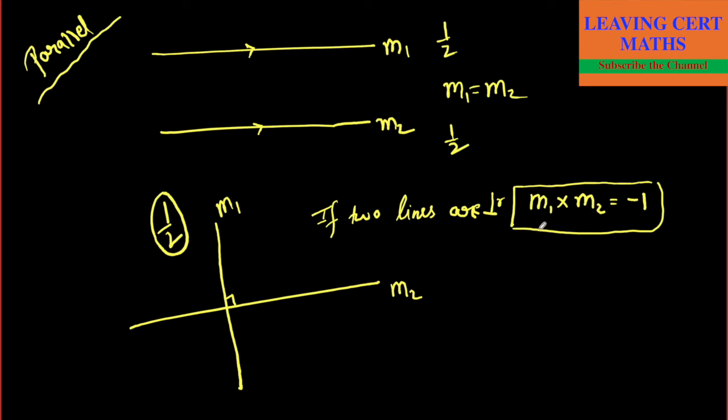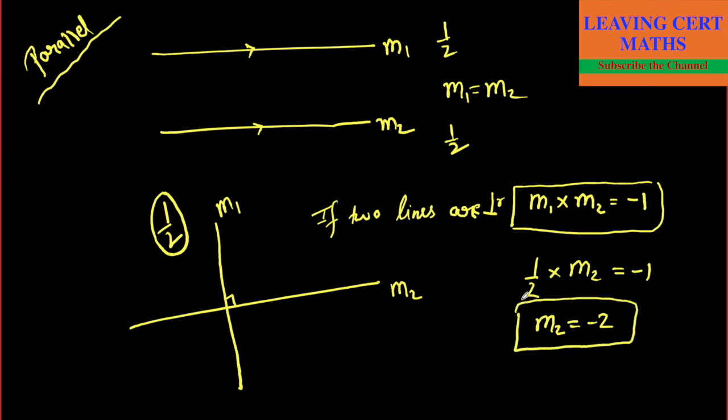So m1 is half, multiplied by m2, that should be equal to -1. Now can I write m2 is equal to -2? So the slope of the second will be -2.